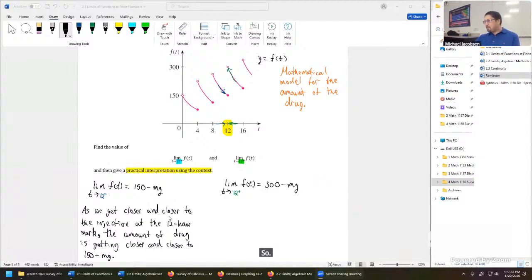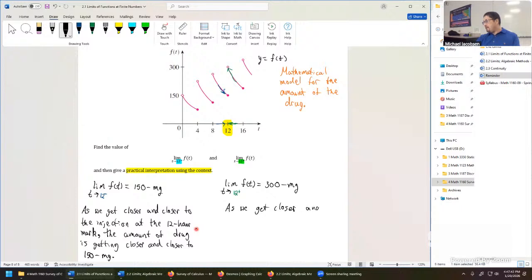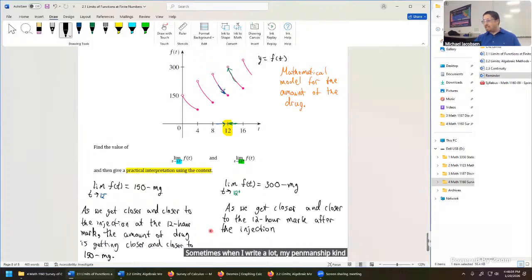So let's put down something along those lines: as we get closer and closer to the 12-hour mark after the injection. Sometimes when I write a lot, my penmanship kind of takes a nosedive. Let me fix that a bit.